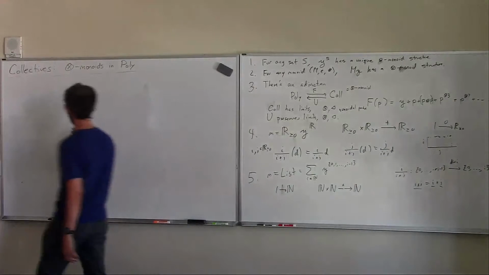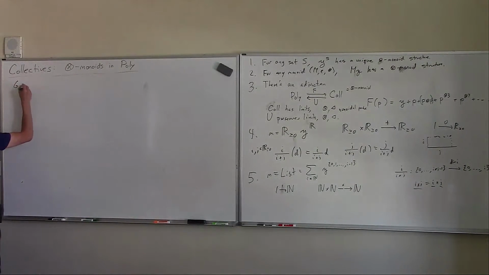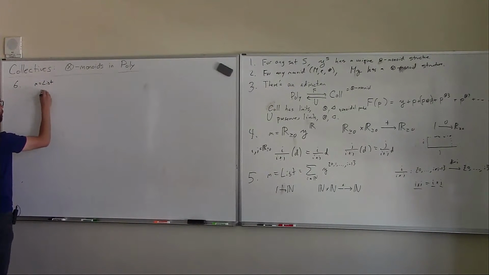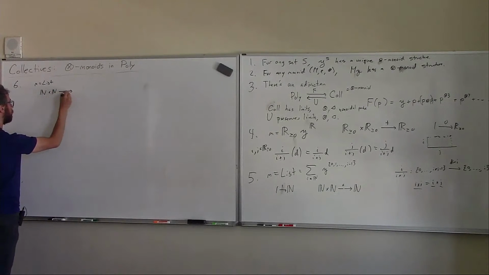Okay, so let me do another example of list. So again, I'll have M be list, but the map from the naturals times the naturals to the naturals will be plus instead.